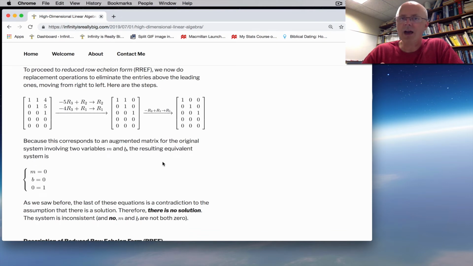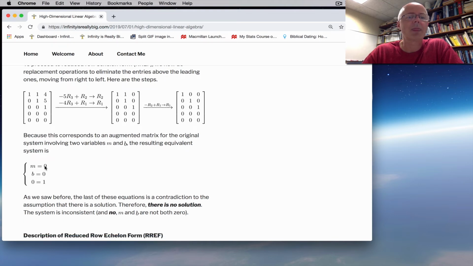I certainly didn't have to do that to verify that the linear transformation was not onto, but let's talk about how to interpret this. What this augmented matrix means is the original system is equivalent to this system. m is 0, b is 0, and 0 is 1. The 0 equals 1 comes from the third row here. Now that doesn't make any sense, right? 0 does not equal 1. Again, it's a contradiction.